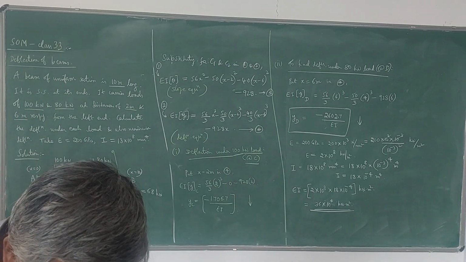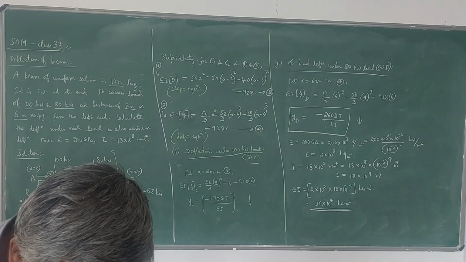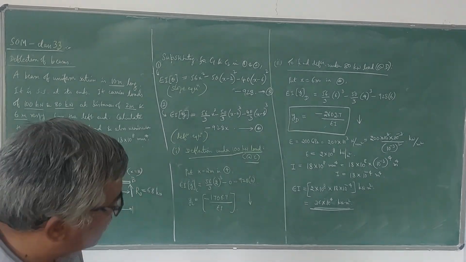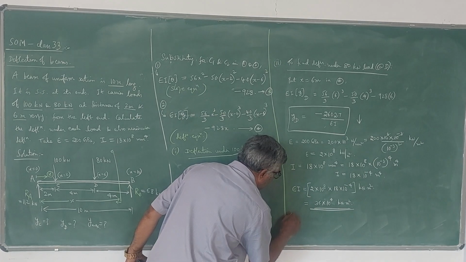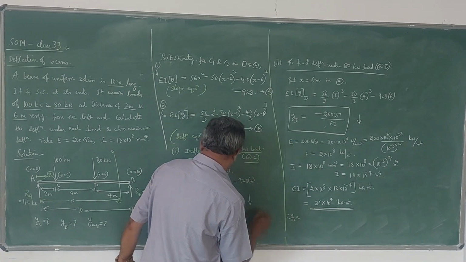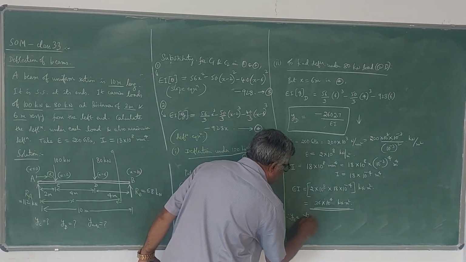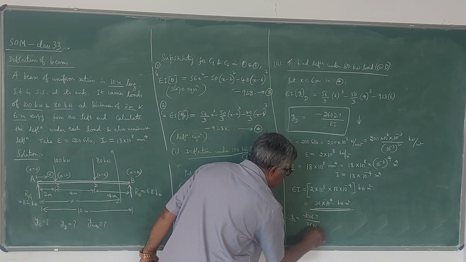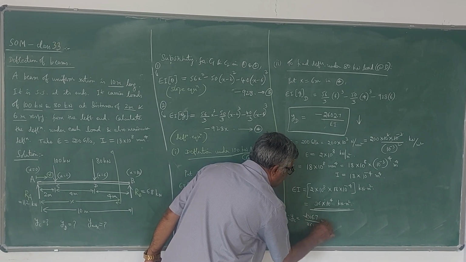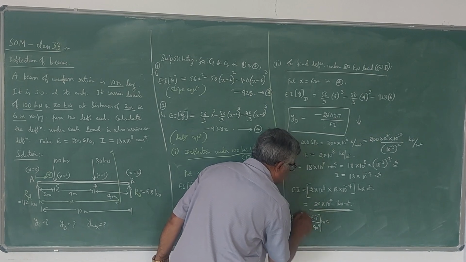So now let us calculate the deflection in meters by substituting in that. Therefore YC is equal to minus 1706.7 divided by 36 into 10 power 4. This will be in meters. Let us see what the value is.